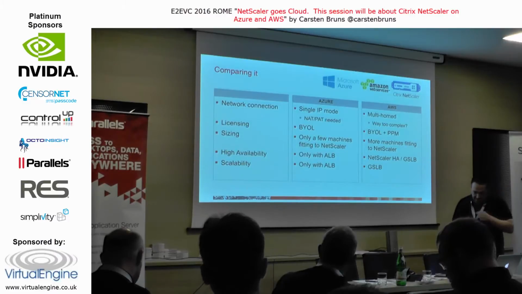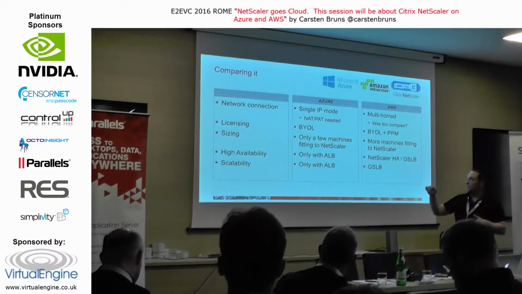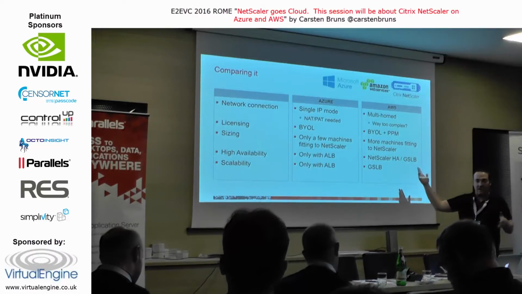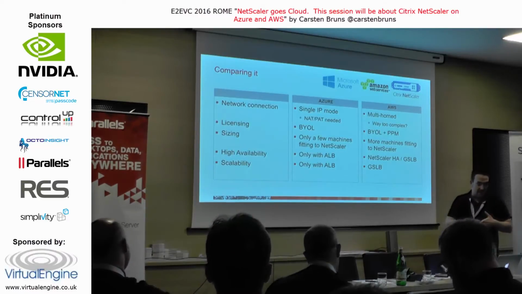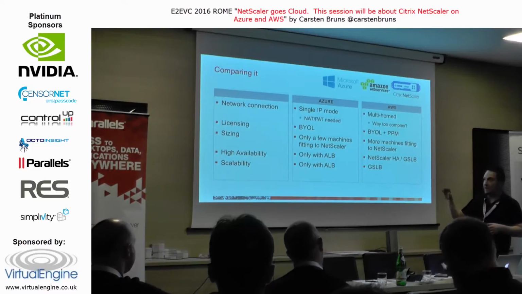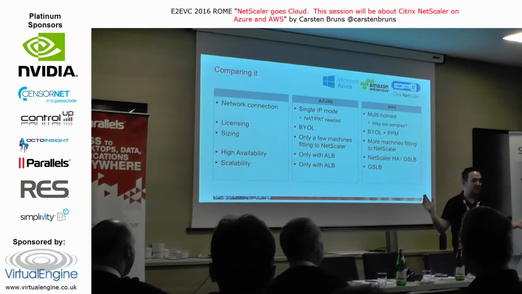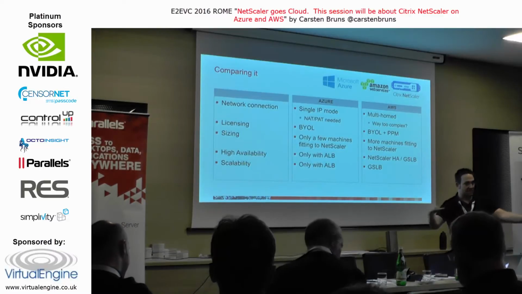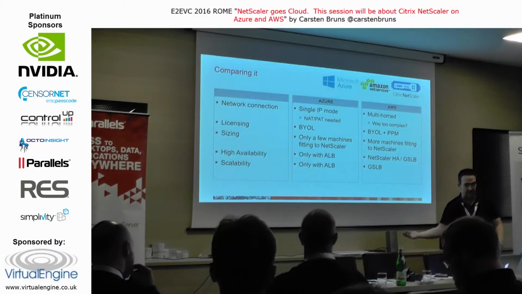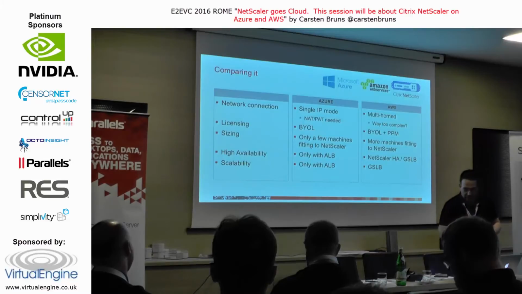So you have the network connection in single IP mode on Azure-based systems. You have multi-home configuration on AWS. And there's the answer. I think it's way too complex to do this stuff because you have to do it twice, one time in your data center and one time on your own.